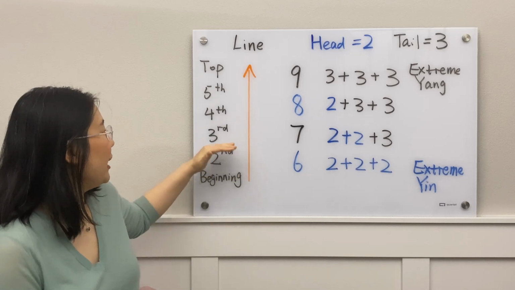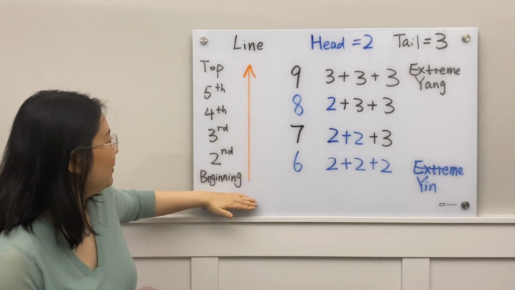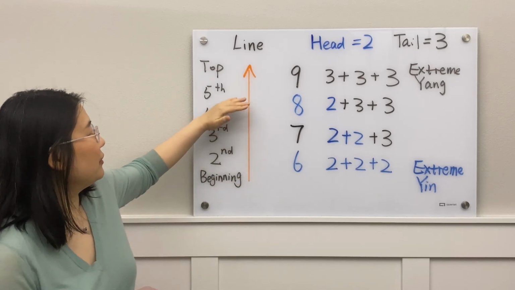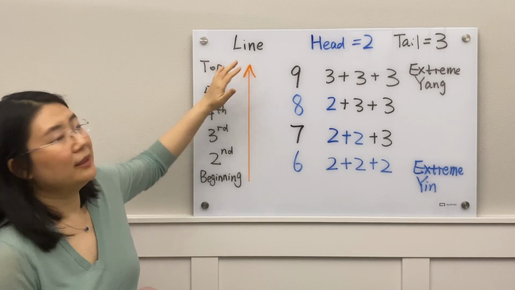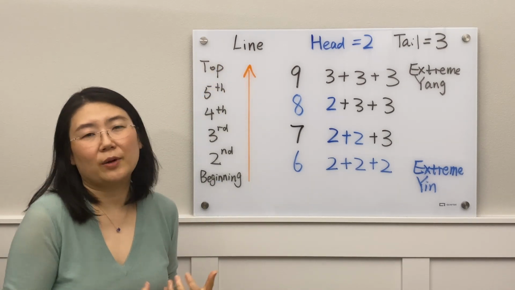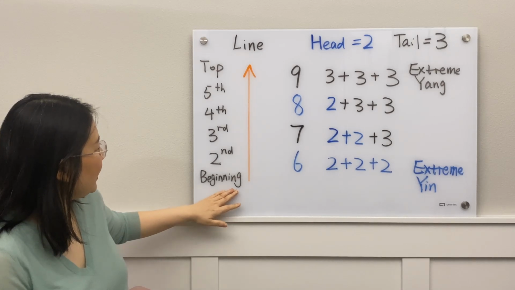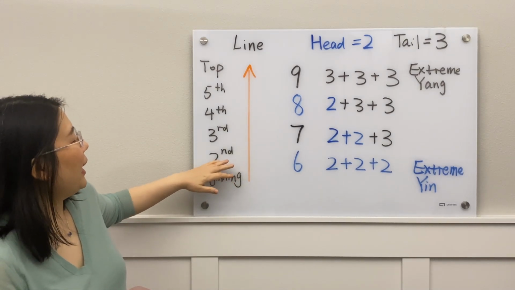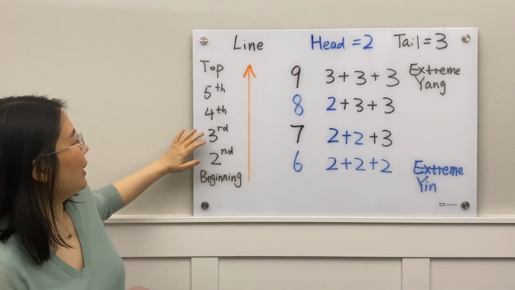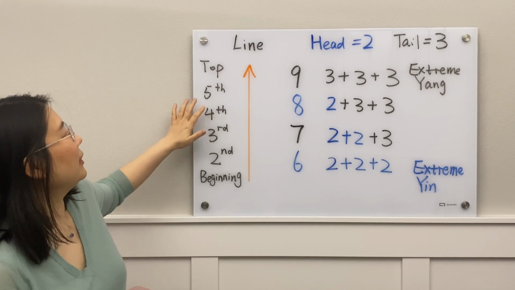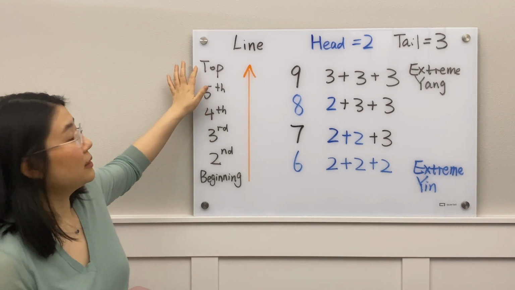And each line represents the phase from the baby phase to the more maturing phase to the end of that hexagram's message. So the first line is called the beginning line, and then you progress into the second line, third line, fourth line, fifth line, and the top line.